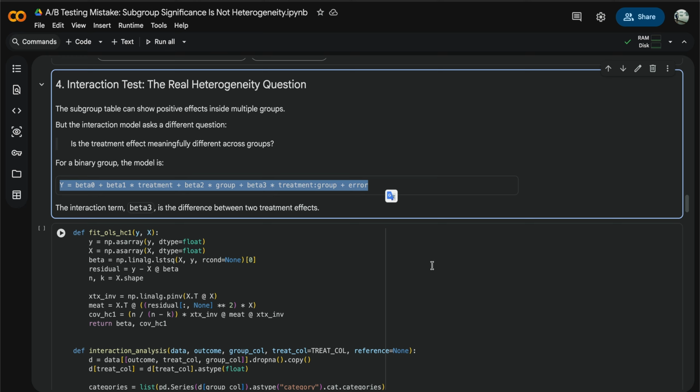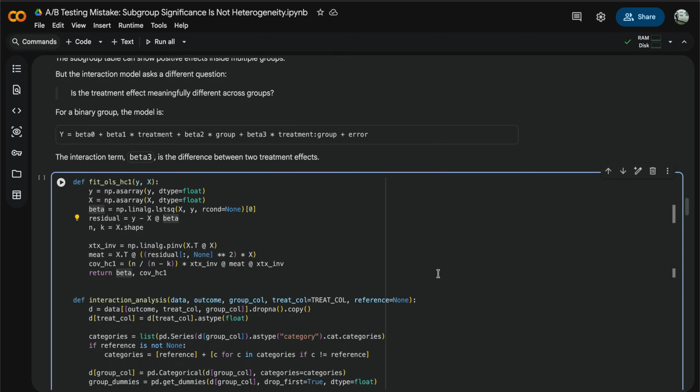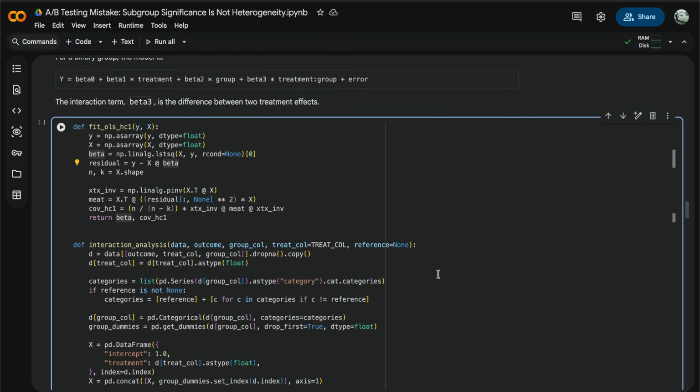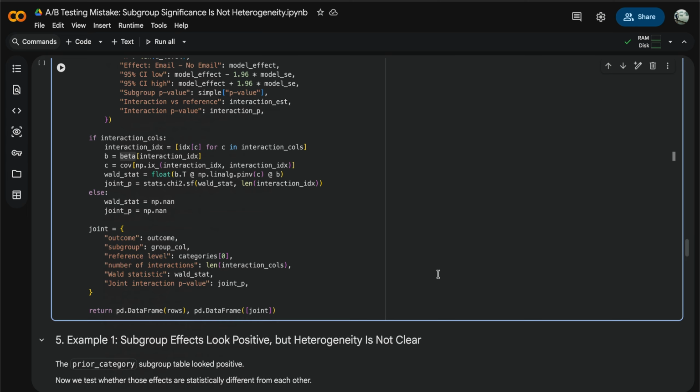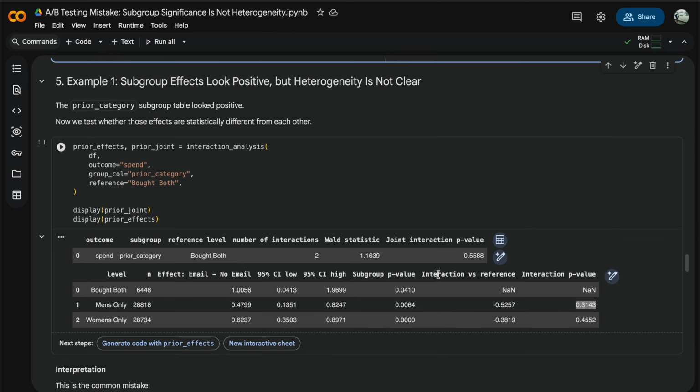So for the sake of time, let's jump into one example. Let's try to understand the prior category subgroup. So how are we going to read this table?